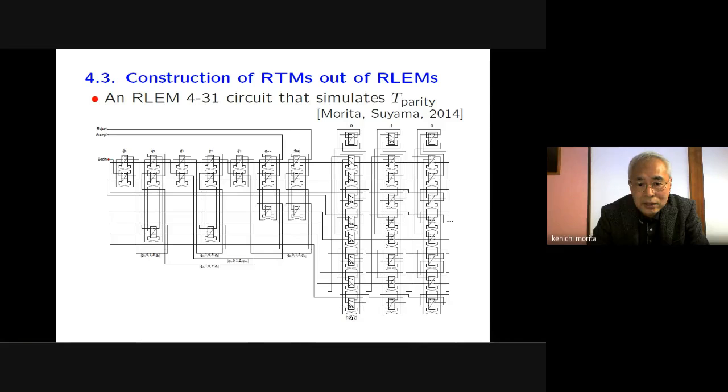Each column of these 9 elements represents a tape square, and at the top element, a tape symbol is stored. In this case, 0, 1, 0 are stored in these tape squares.